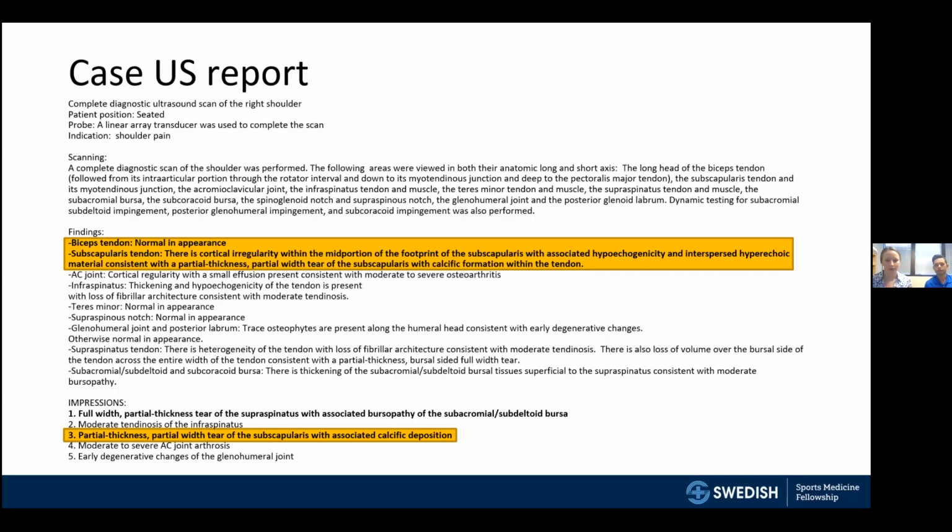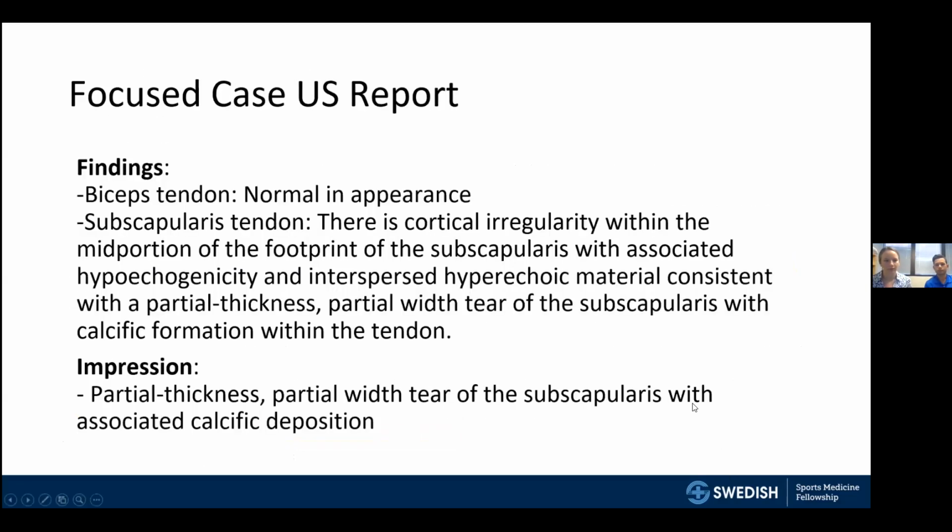So there's a lot of words on this slide, so we'll just move on to the next one, which is really focused on what we looked at. So the biceps tendon, and I guess I could have put the subdeltoid subacromial bursa on here, because we were able to see that in the views that Andre mentioned. There's a little thickening there, but overall the biceps tendon was normal in appearance. The subscapularis, the description that we used, I'm just going to read it off the slide.